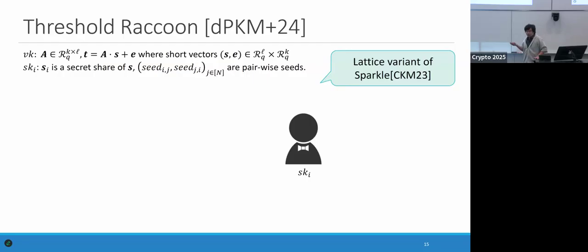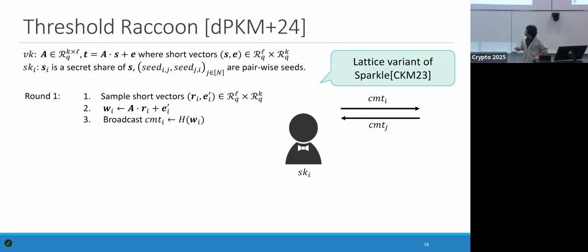So the verification key consists of the random matrix A and vector T computed from short vectors S and E, and secret key shares include a secret share of short vector S and pairwise C. This pairwise C is a unique component in Threshold Raccoon.